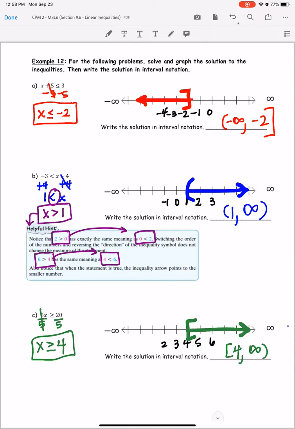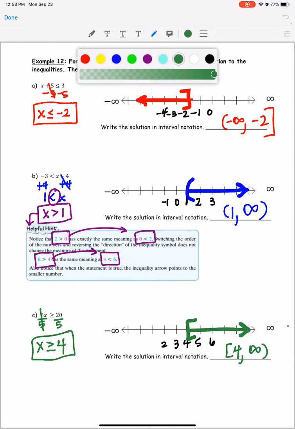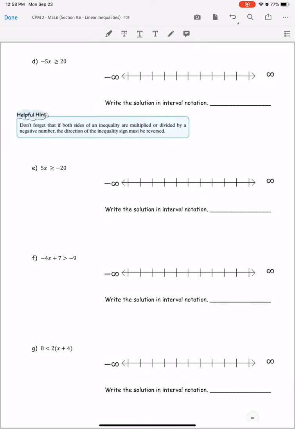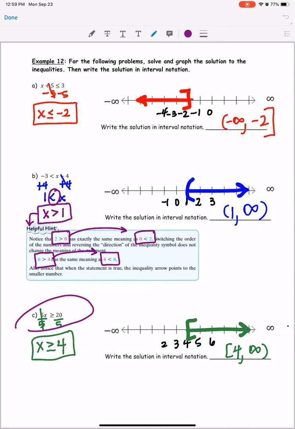Okay, here's where my new rule is coming into play. On D, same concept. You've got negative 5x is greater than or equal to 20. So the only difference between D right here and C is that now I have a negative 5.